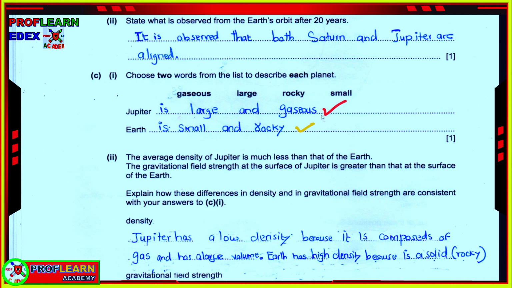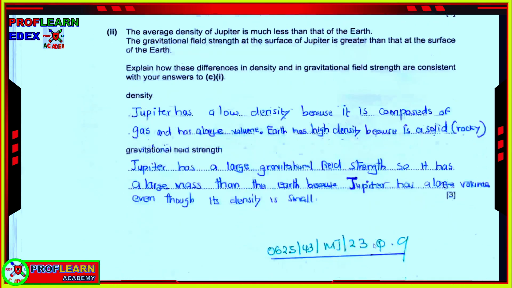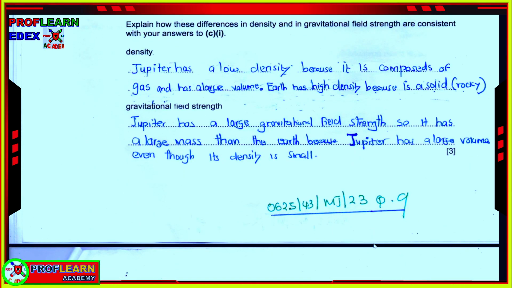If it's large and gaseous, it's going to have a low density because it's composed of gases and has a large volume. Earth has a high density because it's solid and small. Gravitational field strength of Jupiter is going to be large, so it has a large mass, and Earth has a small mass, so it's going to have a small gravitational force.